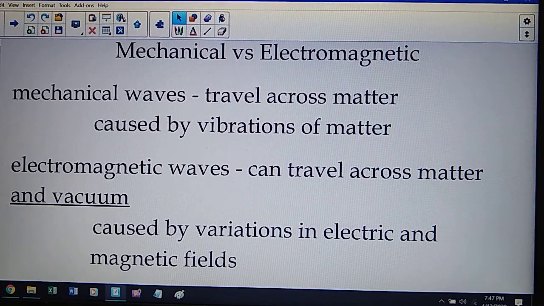Because mechanical waves require matter, mechanical waves cannot travel through a vacuum. On the other hand, electromagnetic waves can travel across matter or vacuum. An electromagnetic wave is caused by variations in electric and magnetic fields, which are discussed in a later unit.